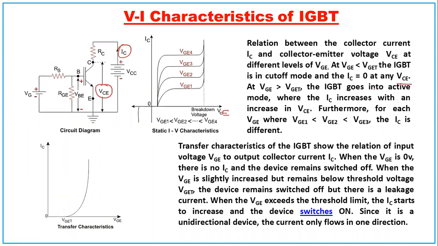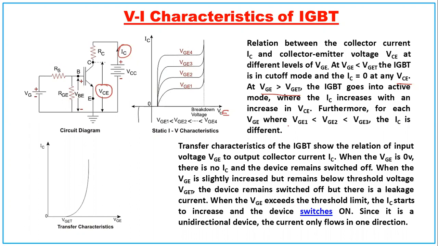So at VGE greater than the threshold voltage, the IGBT goes into the active mode where the collector current IC increases. You can see that for VG1, VG2, the collector current increases according to the magnitude of the gate to emitter voltage.